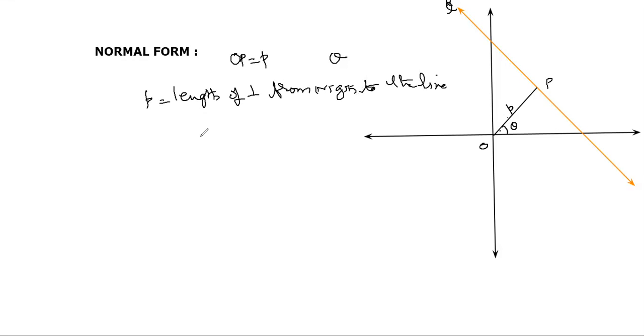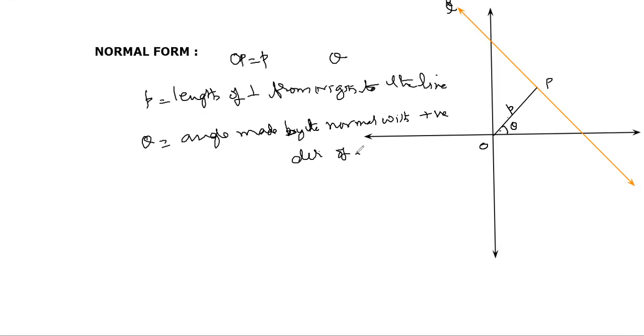P is given, and theta is the angle made by the normal with positive direction of x-axis.